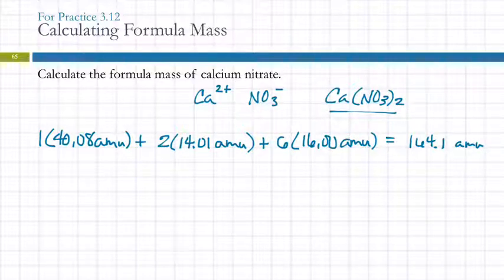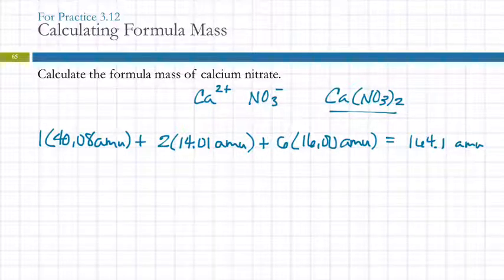So then, any questions about how I calculated that? And then we just have to say, well, what about significant figures? Because we always need to keep that in the back of our minds. There are different approaches to this. The most important thing is we don't want the number of significant figures in the atomic or the formula mass to reduce the number of significant figures that we have in a problem.